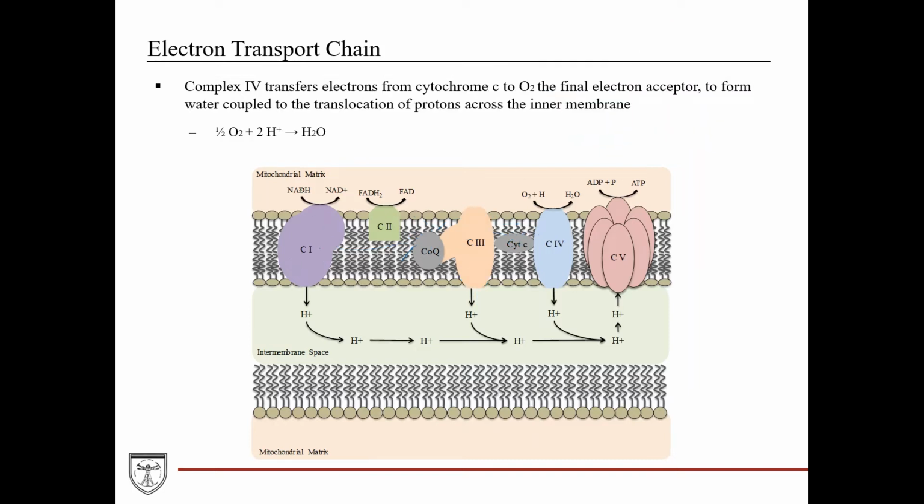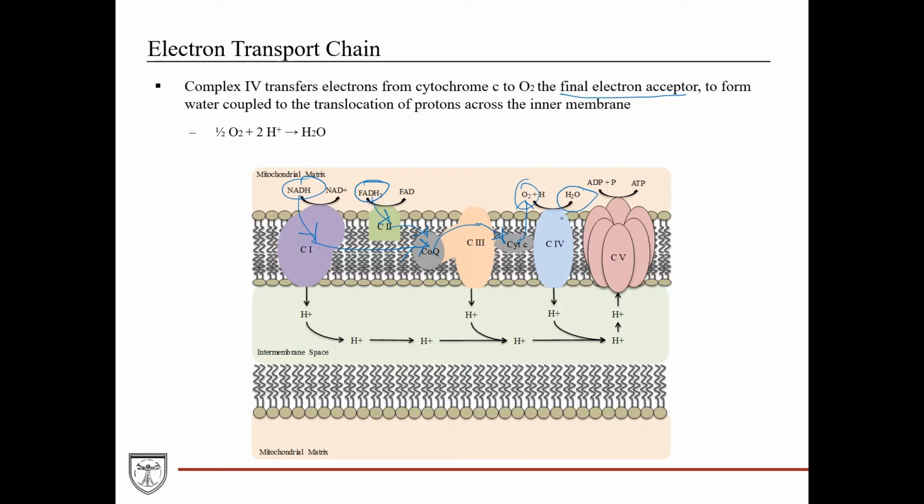So again, to review, you have electrons coming from NADH and FADH2. NADH goes through complex 1 to coenzyme Q. FADH2 goes through complex 2 to coenzyme Q. Coenzyme Q transfers through complex 3, eventually to cytochrome C. Then complex 4 transfers electrons from cytochrome C to oxygen as the final electron acceptor, and this forms water.